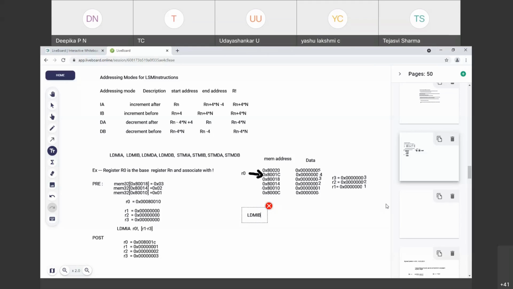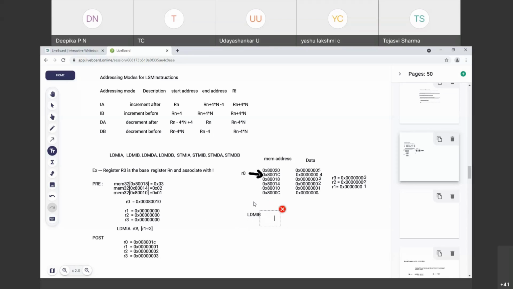When you say increment before, I am incrementing R0 first. It will point to the next location, and the first value is 2, moved to R1. Second value is 3, moved to R2. Third value is 4, moved to R3. And the address remains the same. Please understand what is the difference between this and this.